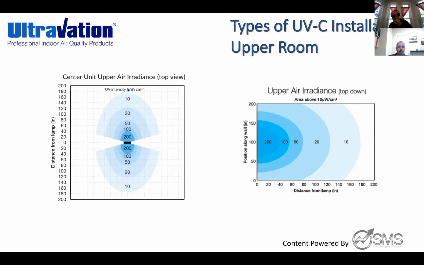You typically need multiple bulbs or upper room units to effectively treat a situation. That's why we have contractors fill out that form and give us measurements of coils, measurements of rooms, things like that, so we can accurately give a product recommendation.